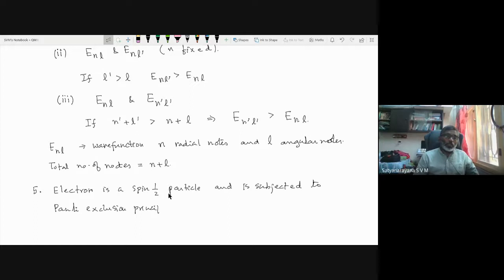That means in any energy level, you cannot have more than two electrons: one electron with upspin and the other electron with downspin.